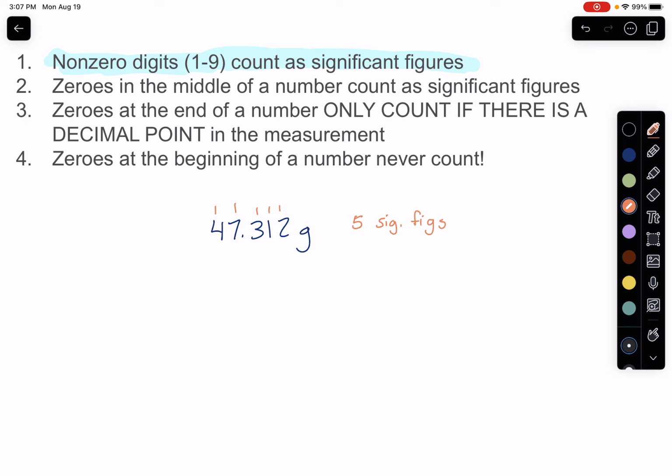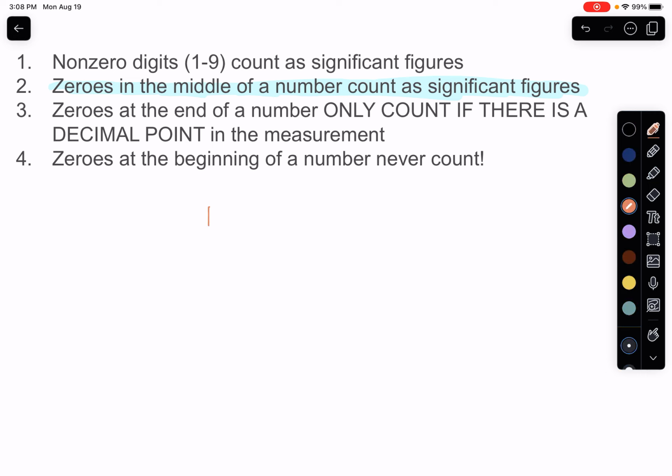The second rule has to do with middle zeros. I sometimes call these sandwich zeros because these are zeros that are in the middle of the number between 2 non-zero digits. This rule states that zeros in the middle of a number count as significant figures. You count them.